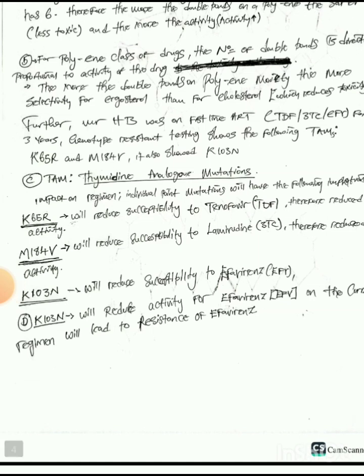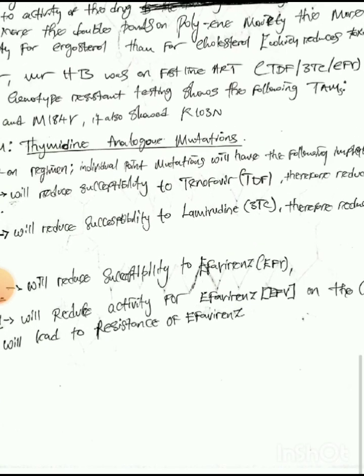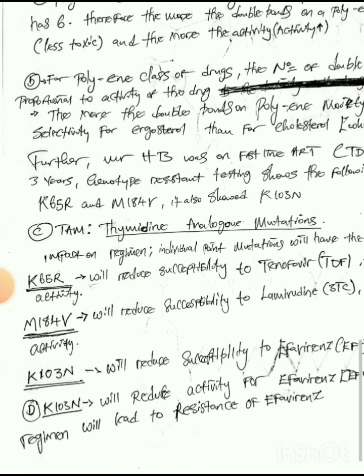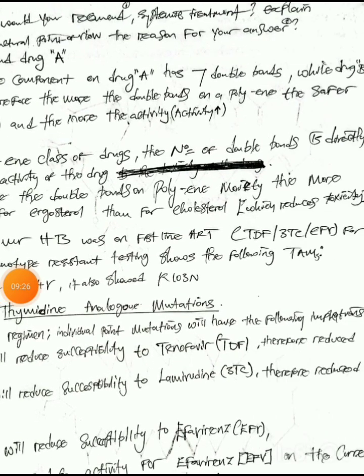Of course, the reduced susceptibility is greater for nevirapine, but there is also a justifiable amount of resistance towards efavirenz in this type of mutation. So we expect a reduced activity of efavirenz in the K103N mutation. That is our clinical implication.